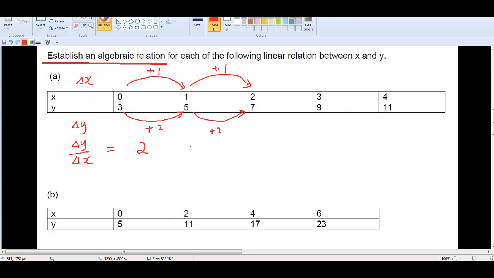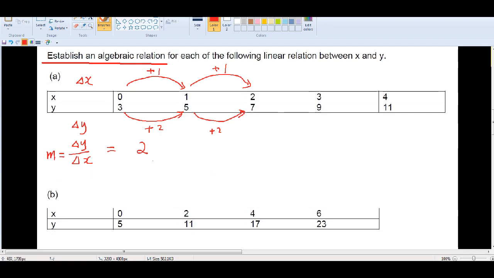2 over 1. We are not going to check every pair, because the purpose of this question is not to confirm the linearity between two variables. You don't need to show that they are linear. After we find delta y over delta x equal to 2, this will be our value for m. So m equals delta y over delta x equals 2.